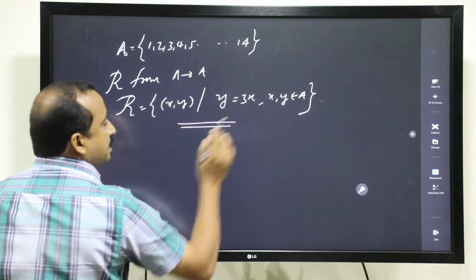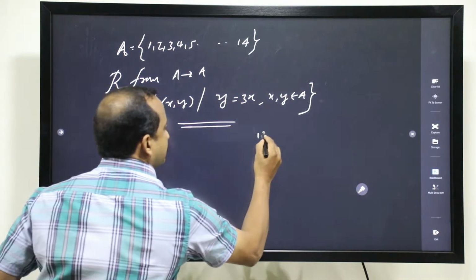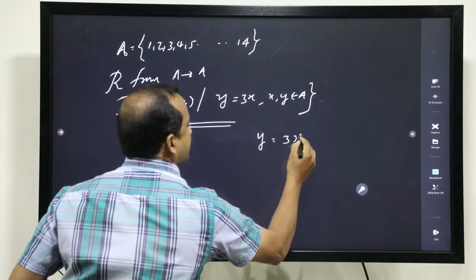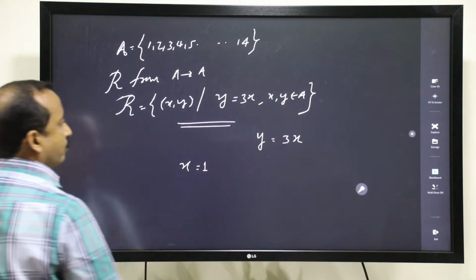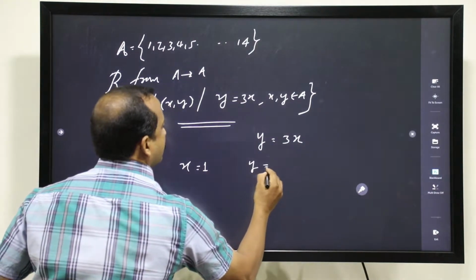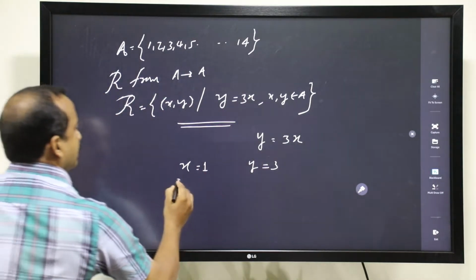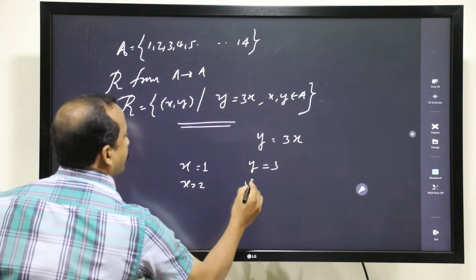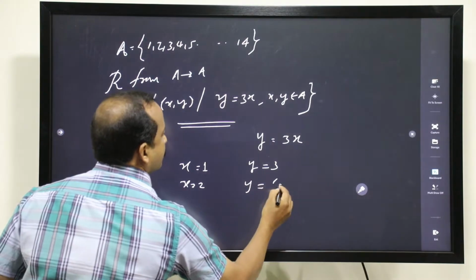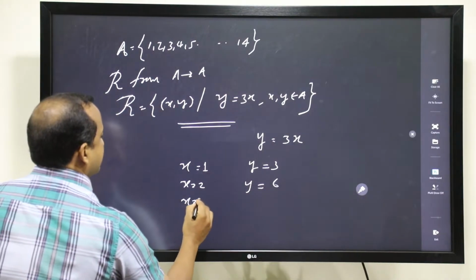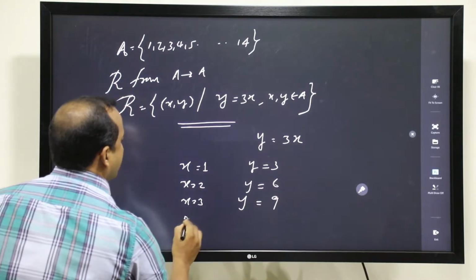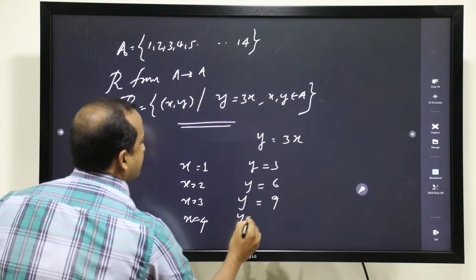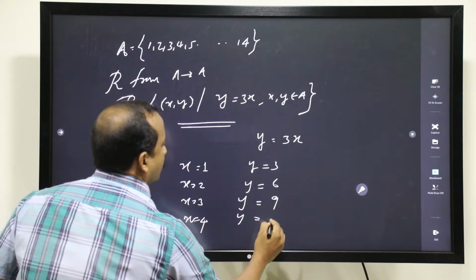Our general condition is y is equal to 3x. First we put x is equal to 1 and therefore we get y is equal to 3. Then x is equal to 2, y is equal to 3 into 2, that is 6. Then x is equal to 3, y is equal to 3 into 3, that is 9. x is equal to 4, y is equal to 3 into 4, that is 12.